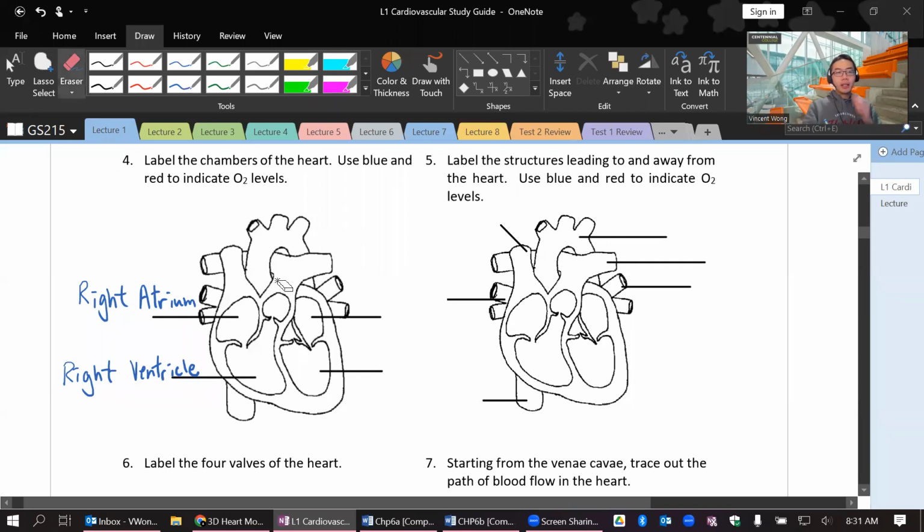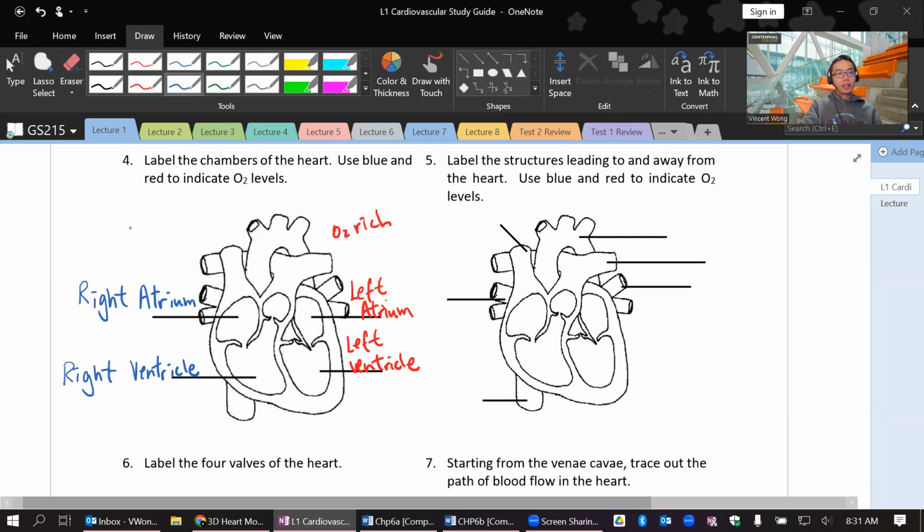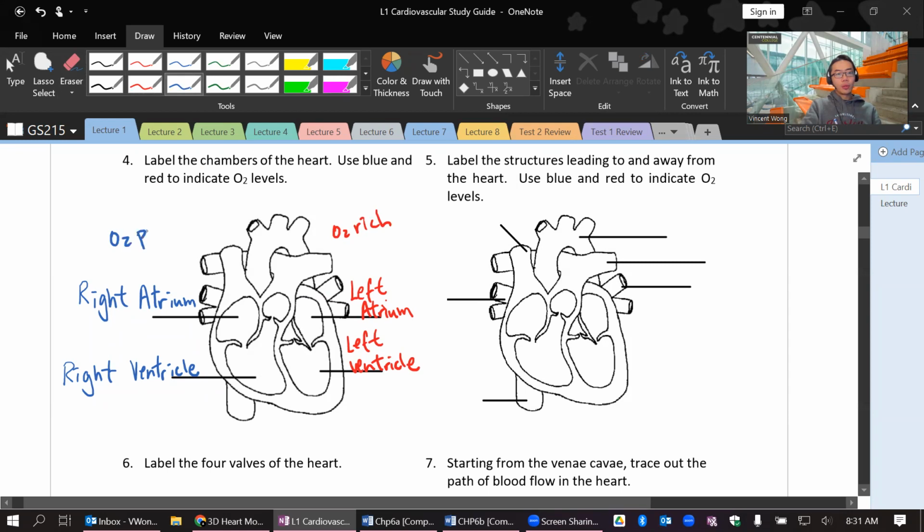On the other side, we have the oxygen-rich blood going through the left atrium. And of course, below the left atrium is the left ventricle. Okay, so this is again O2 rich, and on the other side is O2 poor.